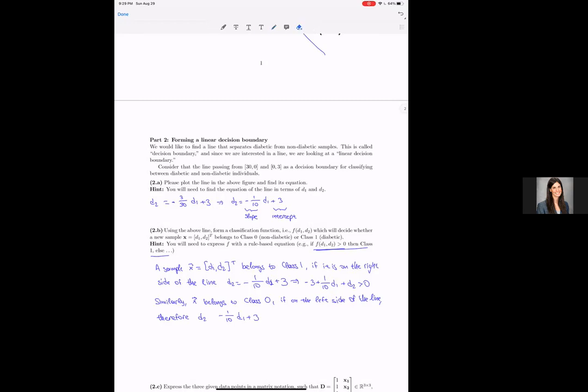I'm sorry, this is d2 is actually less because it's on the left side of the line. And here it should be greater because it is on the right side of the line. And if we were to write this further, this would be minus 3 plus 1 over 10 d1 plus d2 is less than 0.